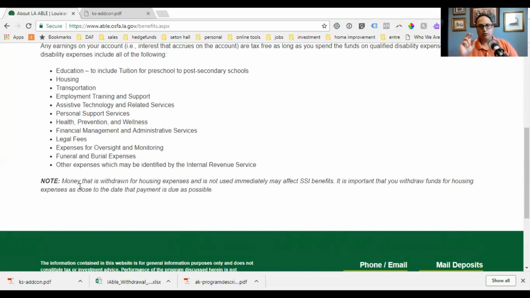This is why you have to really reach out to a professional, because if you take the funds out and you don't make the payment directly to the agency or the rental unit group or whatever the institution is, and you deposit it into an account that the individual with special needs owns, and that time lapses by a month or so, you got to be very careful.